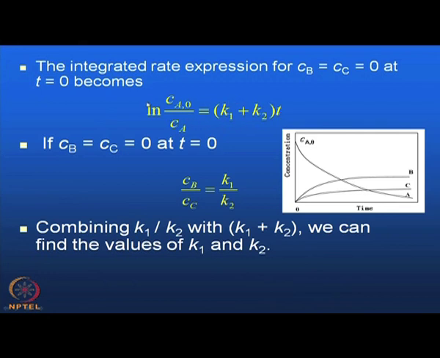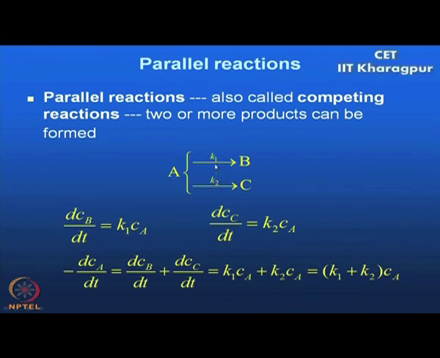So, this is basically like a first order, ln A0 by A is equal to K into t. The only difference is that it is a sum of the individual K values, and this happened only because both steps are elementary, so both steps are first order.